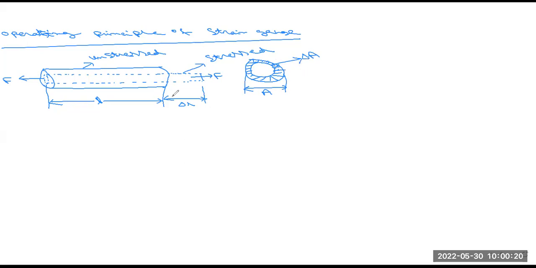Okay, so now when this strain gauge is applied, when stress is applied to the metal conductor or semiconductor material, the resistance also changes with the length. Okay, so this resistance of the conductor under stress changes due to the change of resistivity of the conductor. So this property is called the piezoresistive effect.